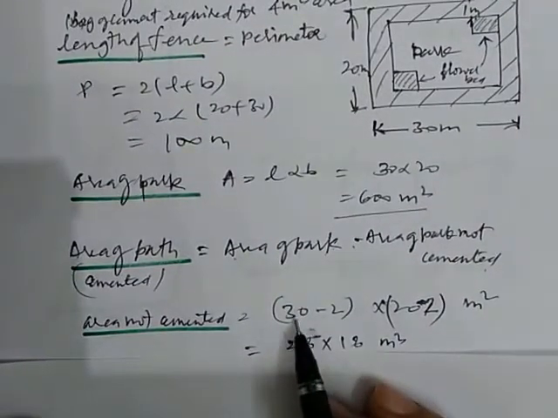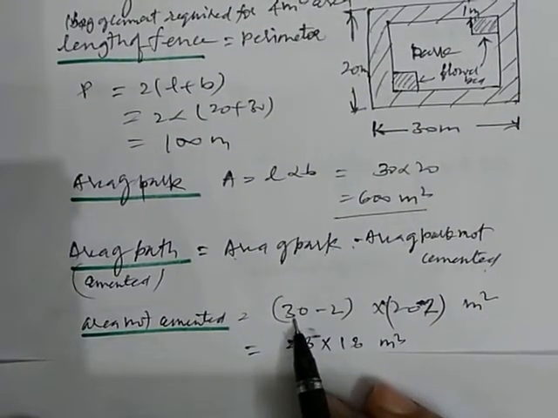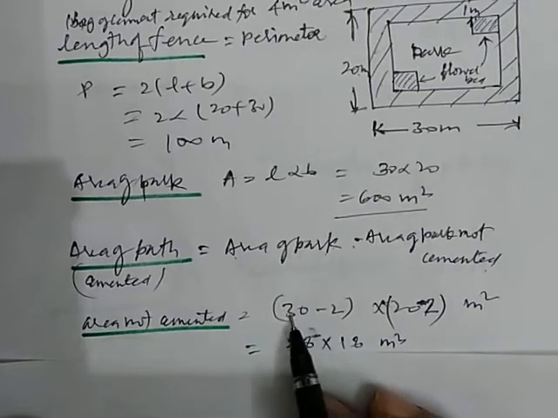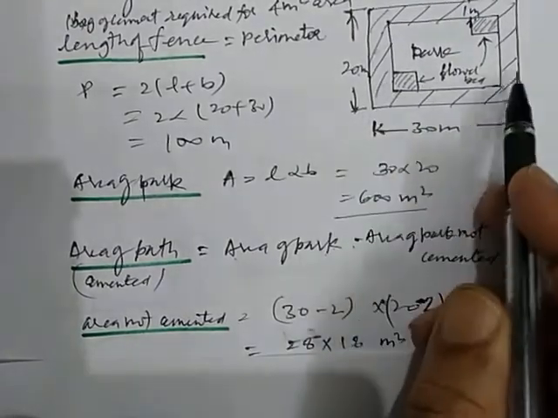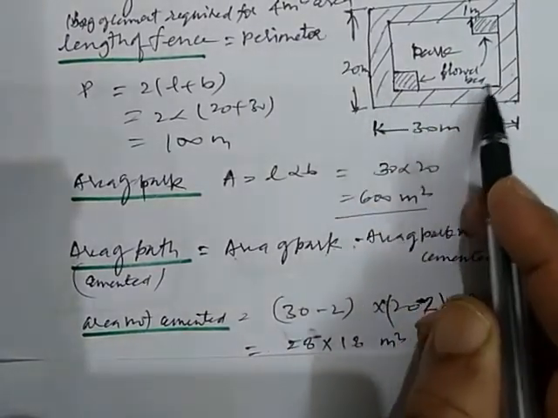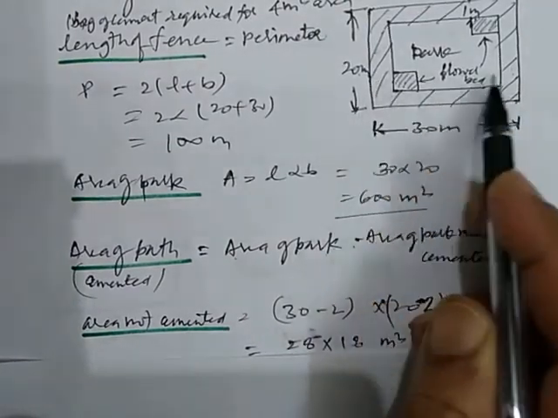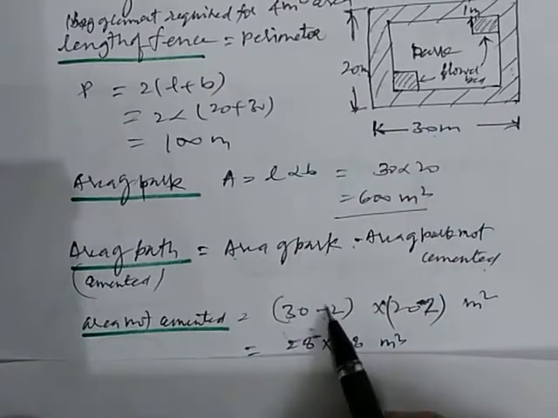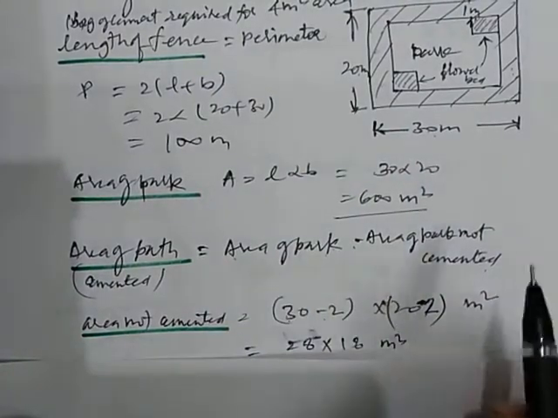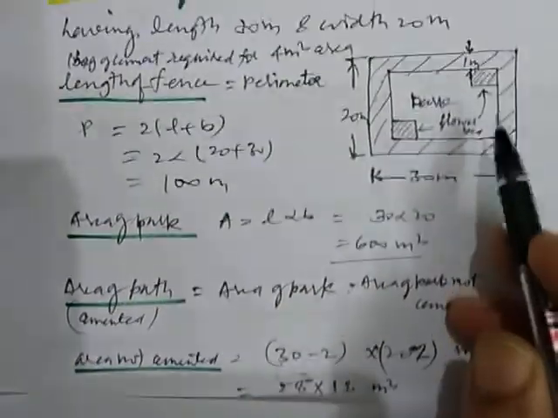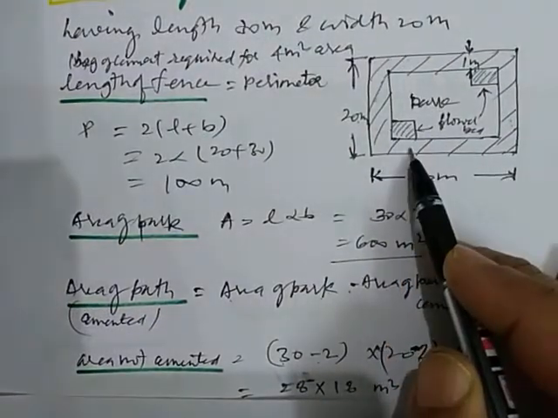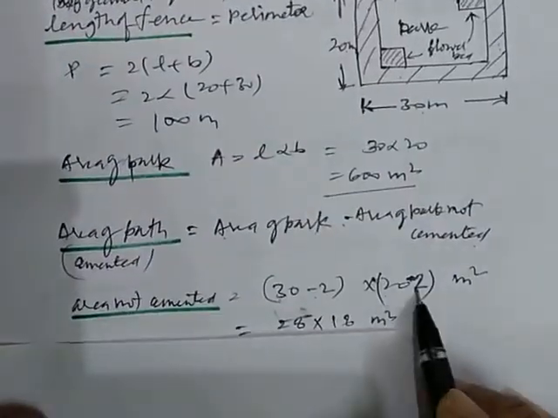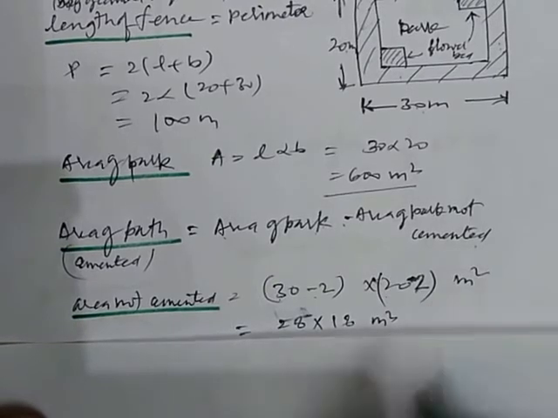So the length of the area not cemented is 30 minus 2, because this is the cemented part and this is the not cemented part, so we have to subtract 1 and 1, that is 2, from 30. And the same we deduct 1 and 1, that is 2, from 20. So 20 minus 2 is the breadth.